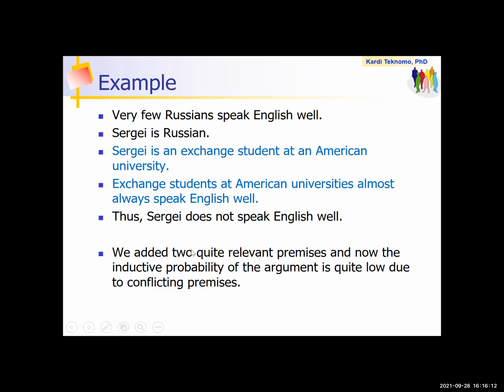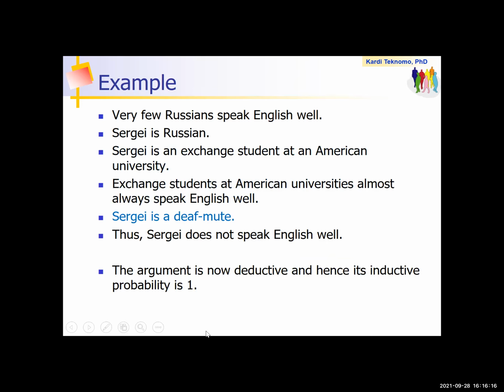Okay, and now we add again. Suddenly we say Sergey is a deaf mute. That's why Sergey does not speak English well. What happens if it's like this? Suddenly this is no longer inductive, so it now becomes deductive.